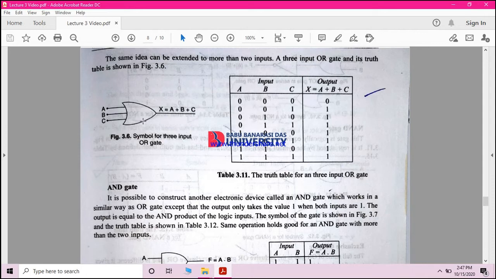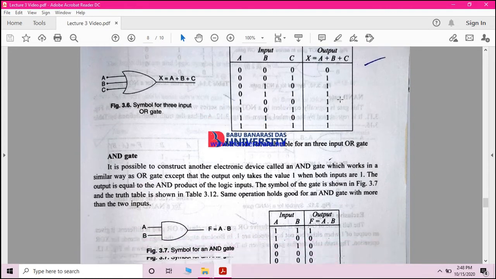This is the logical OR gate, and there are 3 inputs and the output will be A plus B plus C. And if you see the truth table, the combinations are 0 0 0, 0 0 1, 0 1 0, 0 1 1, 1 0 0, 1 0 1, 1 1 0 and 1 1 1. The simple way of writing the truth table is: when any of the inputs is 1, or high, your output will be high, else your output will be low. So this is also very important.